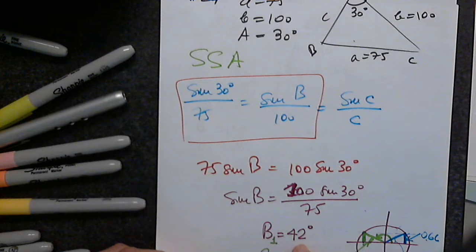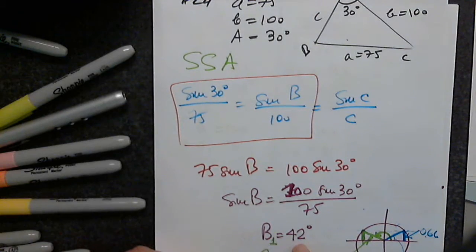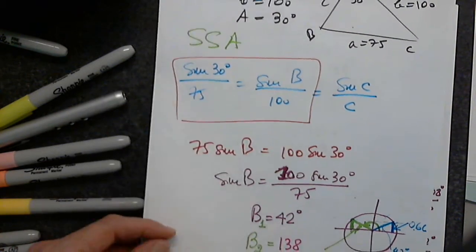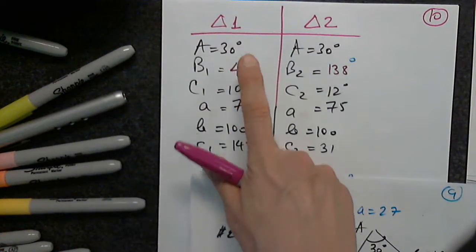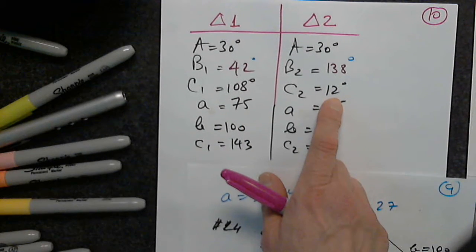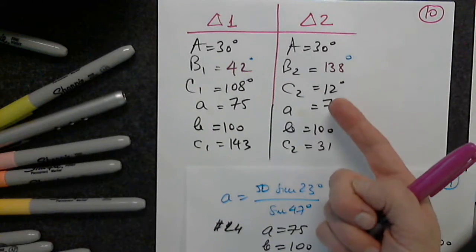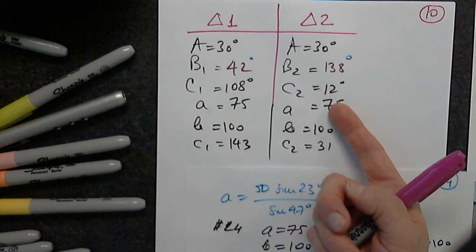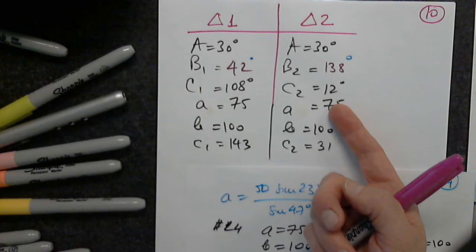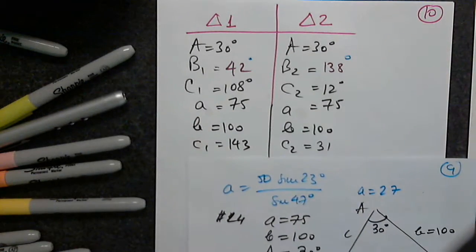So 180, 150, that could work. So when I cannot subtract from 180 and get C2, that's one possibility. So 180 minus 30 minus 138 gives me an angle that is negative. So if this sum, for example, exceeds 180.